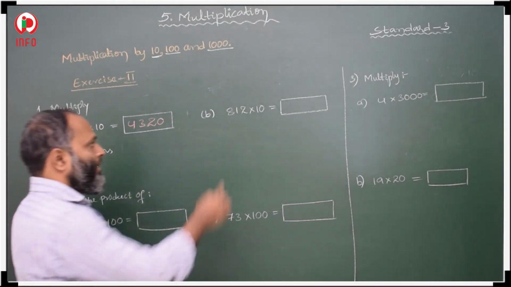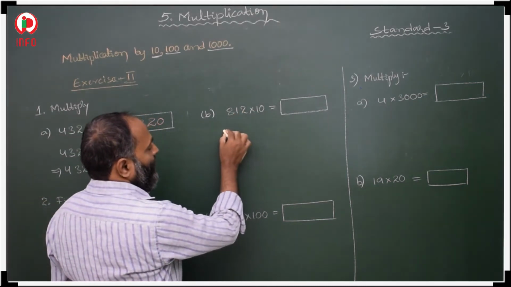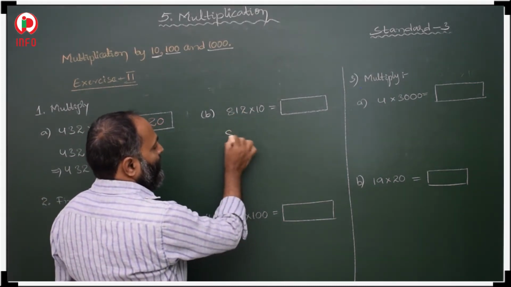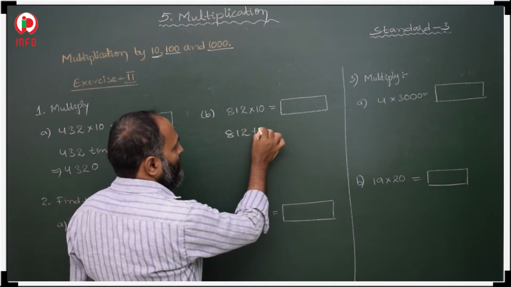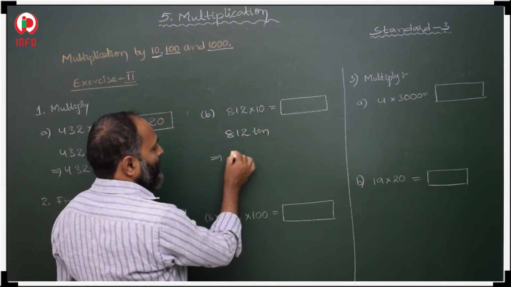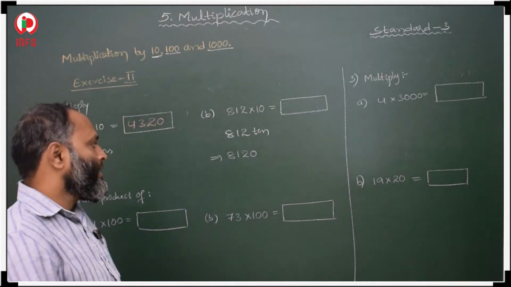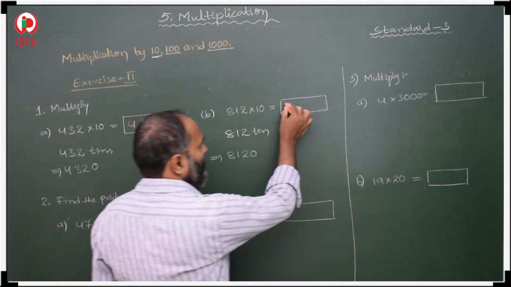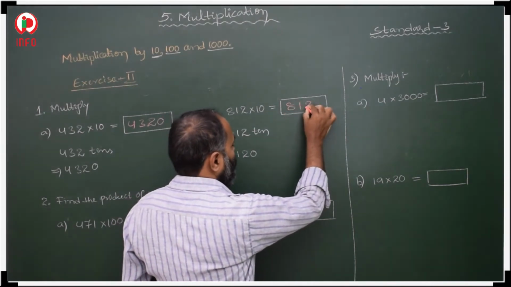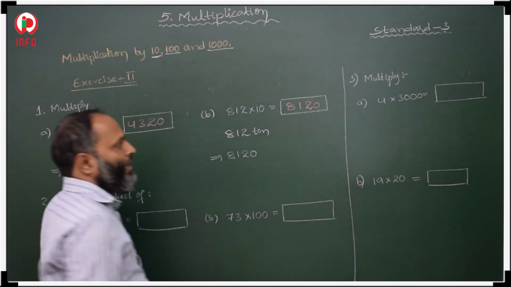In the same way, 812 tens means 812 tens, that is 8120, we take 0 in ones place. So 8120.